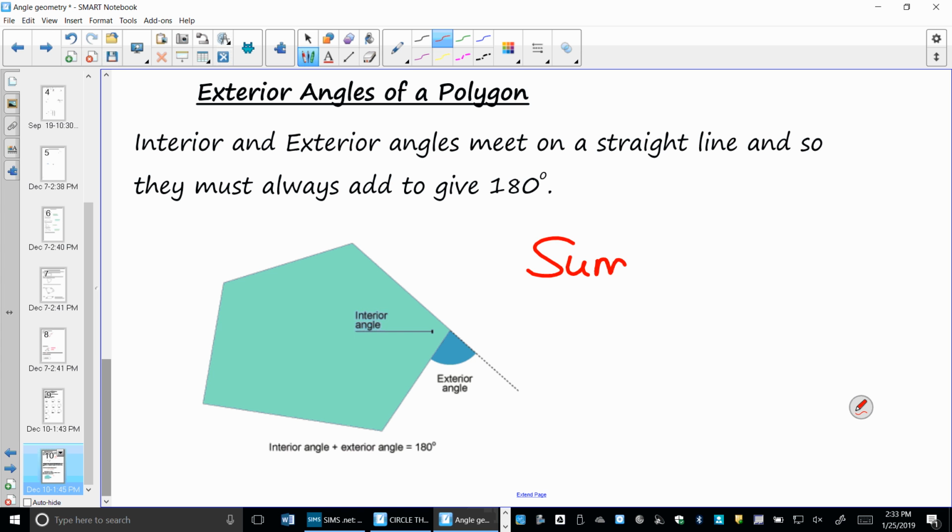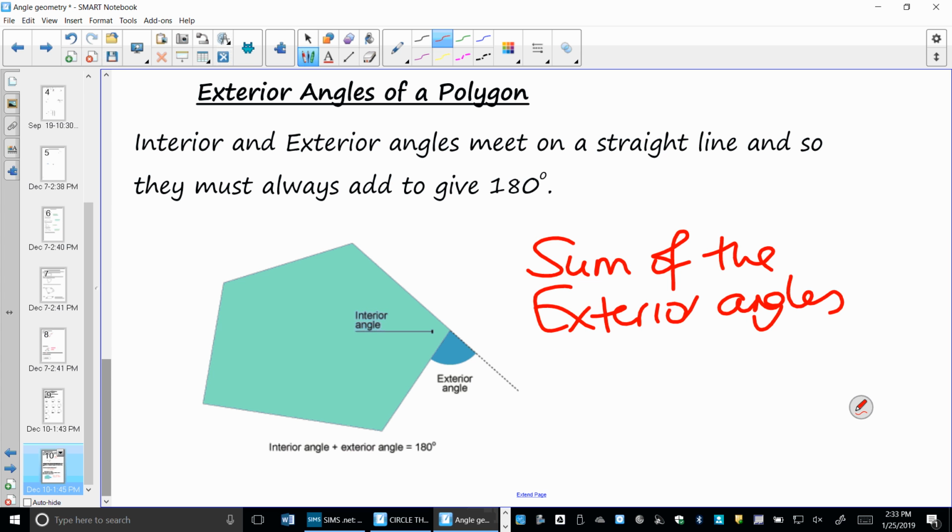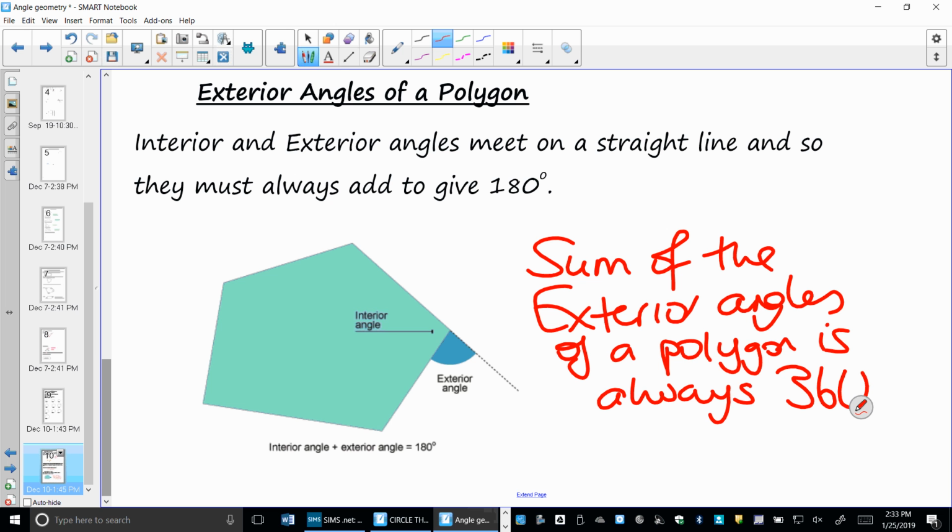But the sum of the exterior angles of a polygon is always 360 degrees. Okay, so whether it's got 11 sides, 3 sides, 760 sides, the sum of them is always 360. What that means is that there are some questions that ask about interior angles.